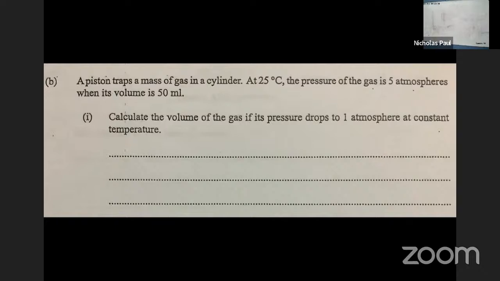Work it out. All right, so now you finish.